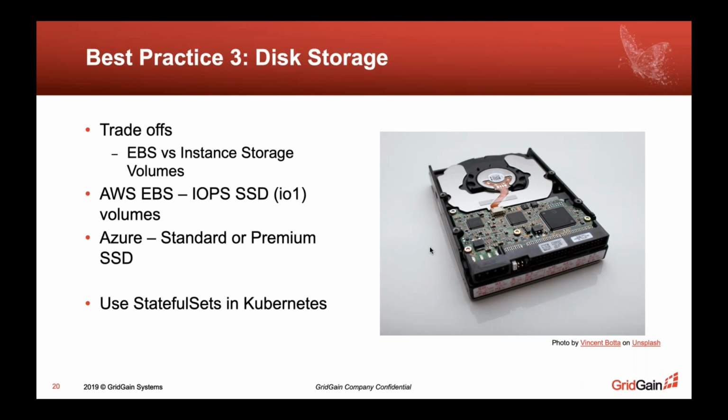But if for some reason that EC2 instance goes down or it's stopped, the data is wiped. So if you're not using replication, you probably do not want to just rely on instance storage volumes to back up your data for your GridGain in-memory data grid.